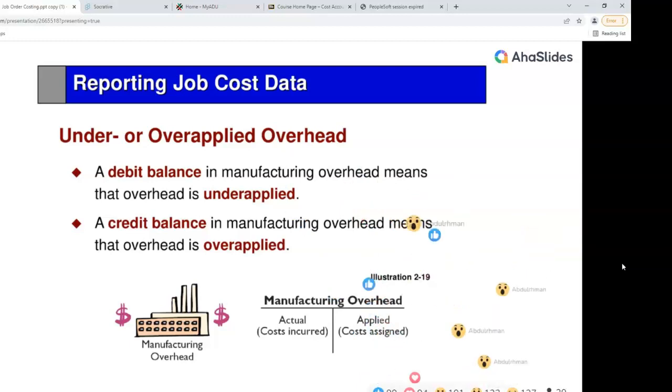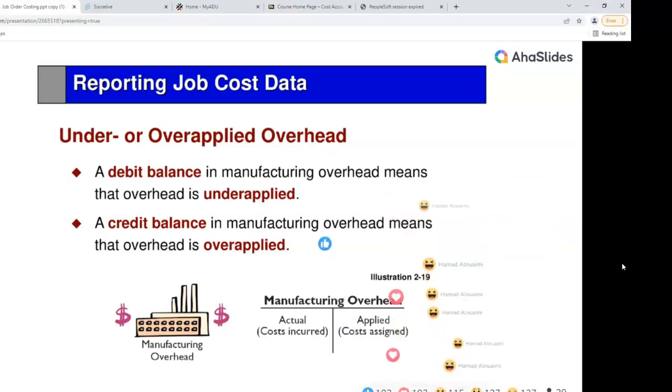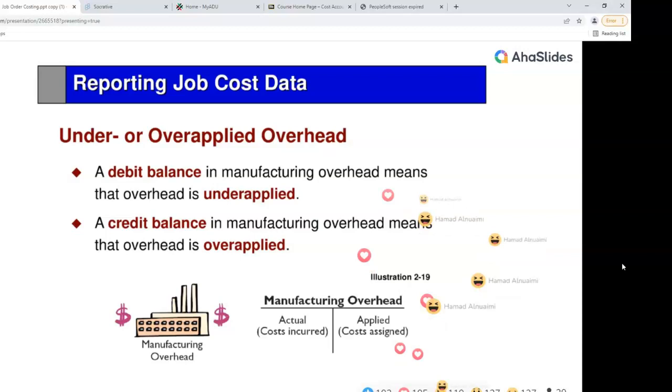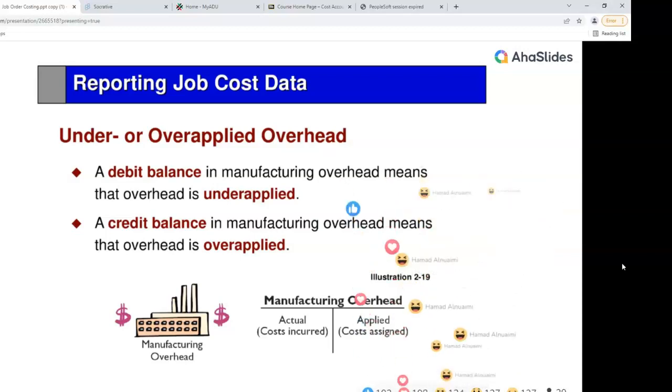Now, at the end of the year, I have all the debits on one side and all the credits on the other side. So what do I actually have? I have an account that tells me how much I incurred in manufacturing overhead on the debit side and how much I applied to the jobs on the credit side.